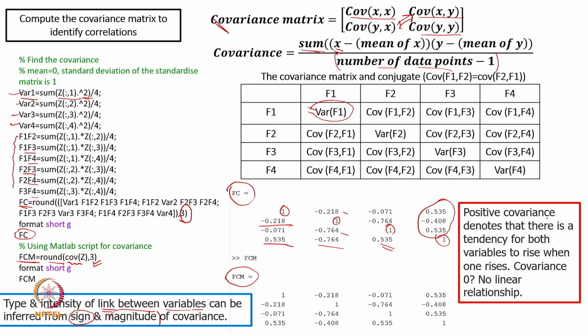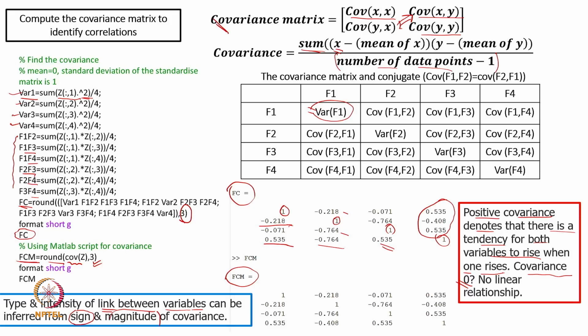Another point is that a positive covariance denotes a tendency for both variables to rise or decrease together, so the second variable will rise when the first variable is rising. We may also get a covariance value equal to 0, which indicates there is no relation between the 2 variables. However, because the whole PCA is developed on linear relationships, we can't say that they do not have any relation.